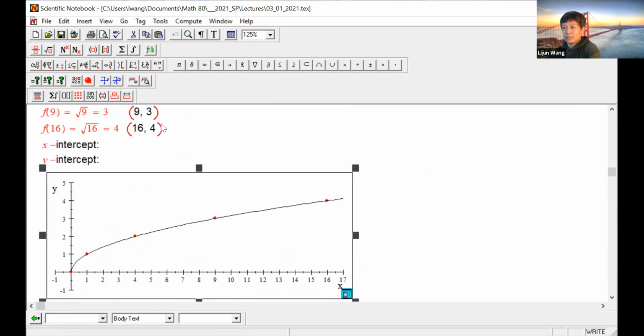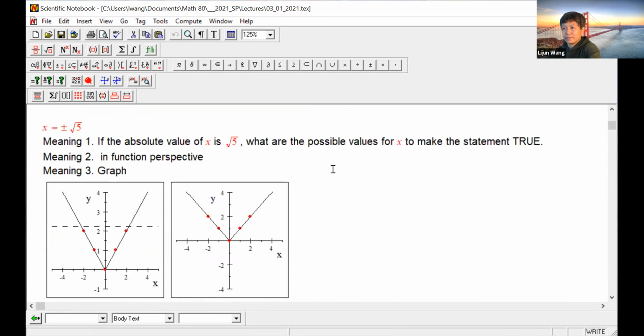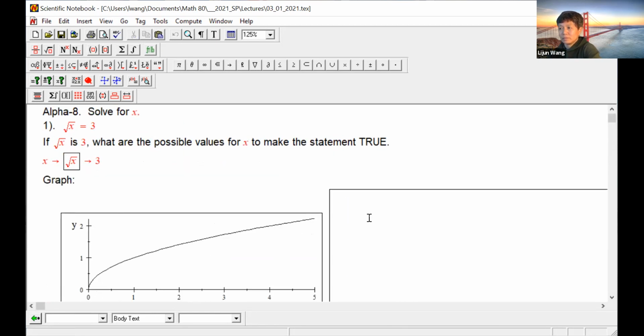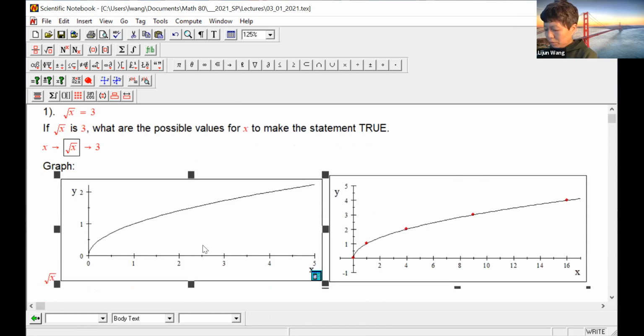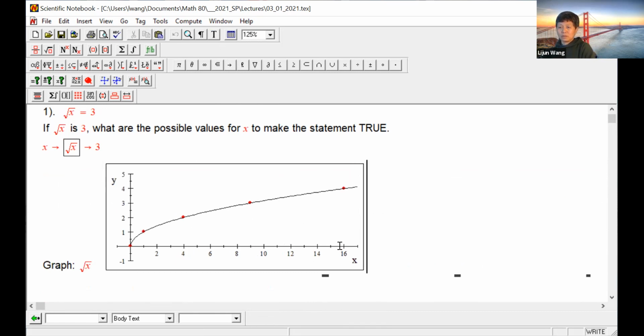Oh, right here. The picture we did, right? The points we plotted. The domain we thought of, the range we thought of, the domain we worked out, the range we worked out.